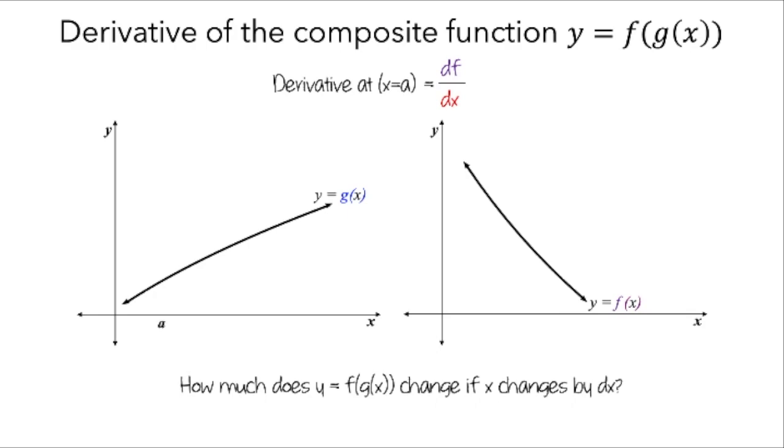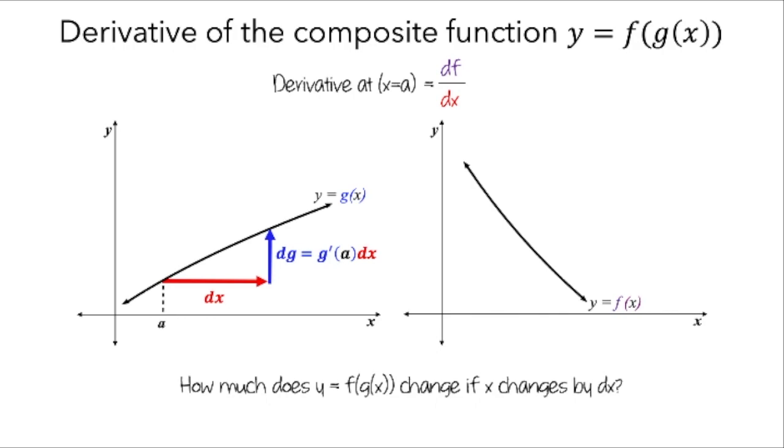Let's mark off x equals a on the graph of g of x. As x changes by a small amount from a, dx, since we've zoomed in far enough for the graph of g of x to look linear with the slope equal to g prime of a, the corresponding change in g is equal to g prime of a times dx.